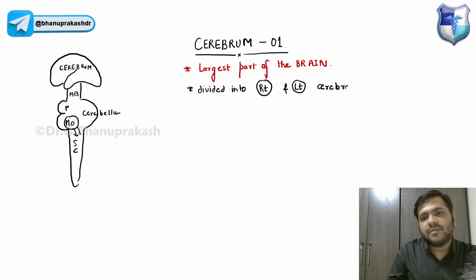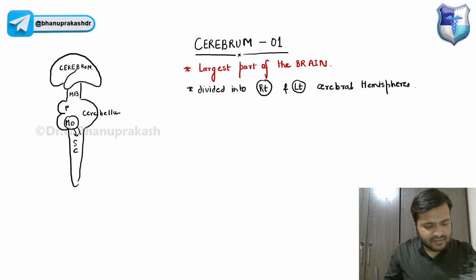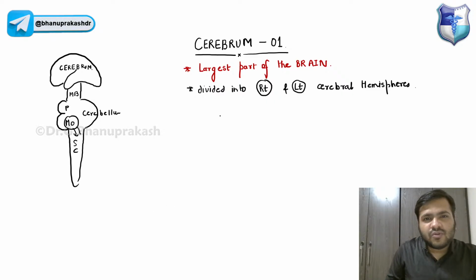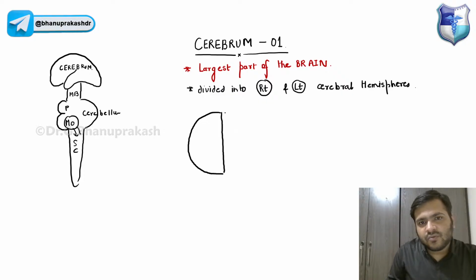So just remember they are divided into right and left cerebral hemispheres. Now let us try to see over here. I'm trying to draw very simply for you people. Let us suppose that this is the cerebral hemisphere. They are divided into two cerebral hemispheres, the right and the left cerebral hemisphere, right?